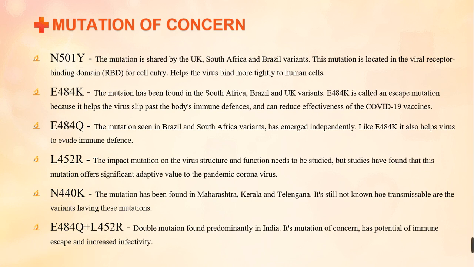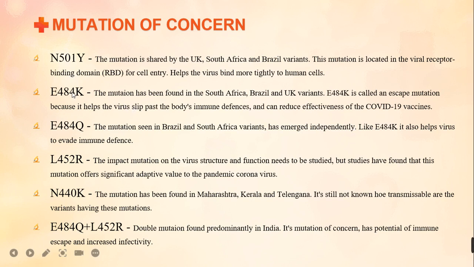This last one, E484Q and L452R, is the double mutation which is predominant in India right now, and 15 other countries besides India have the double mutation virus variant. It is of main concern because E484Q is the mutation seen in the Brazil and South African variants, which emerged independently.